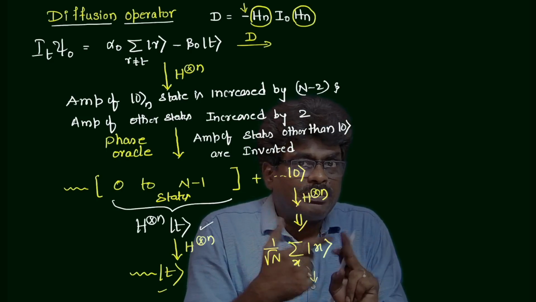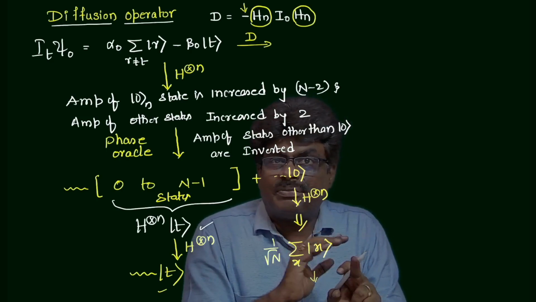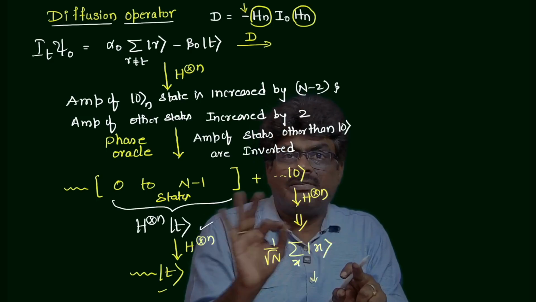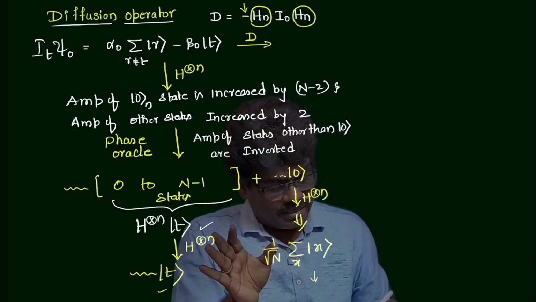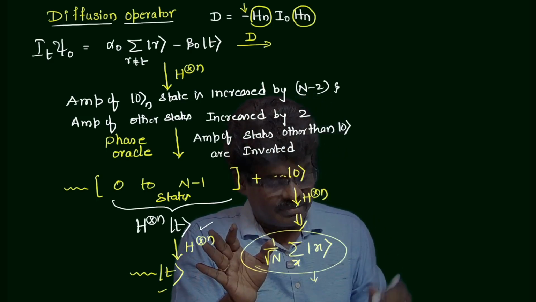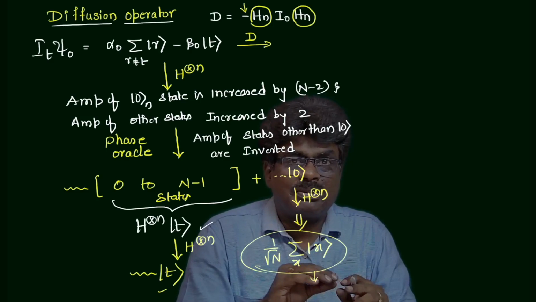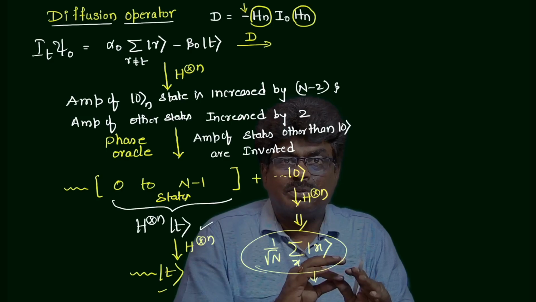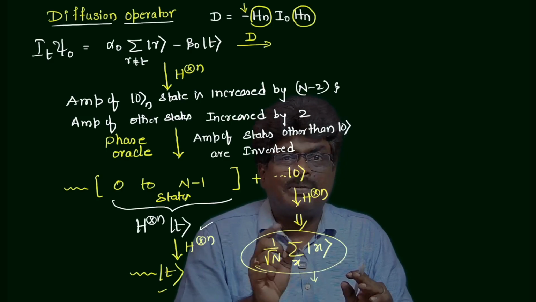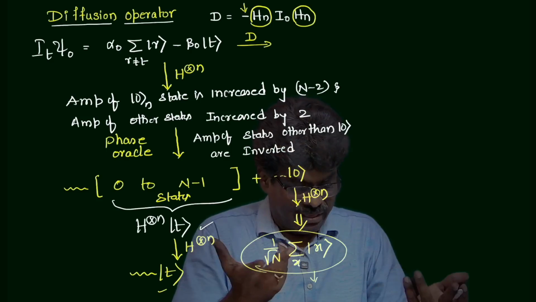In the earlier video I told you one point: after this diffusion operator, no state will get a negative phase, because here all phases are plus only, positive. That means all are plus, no negative amplitude. That's it.